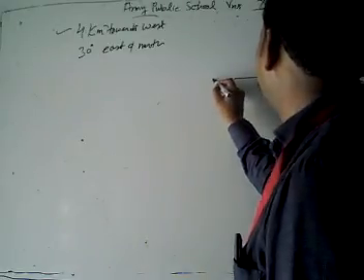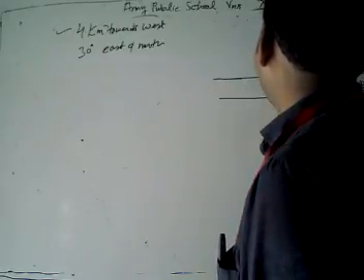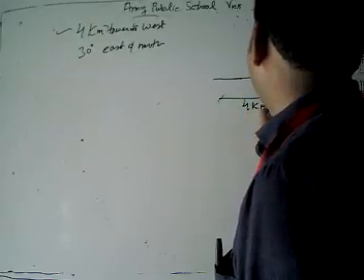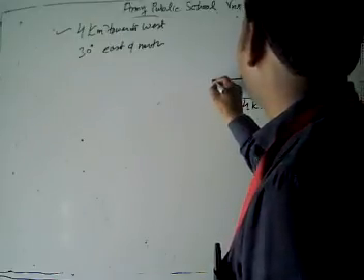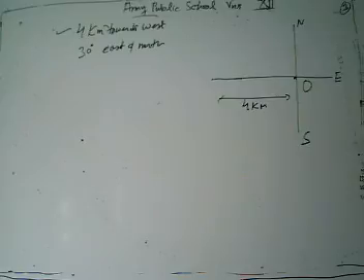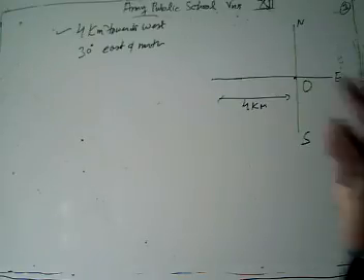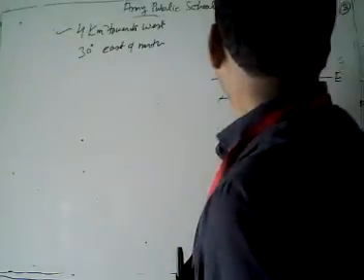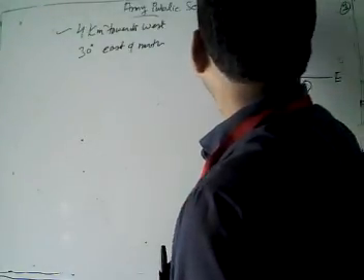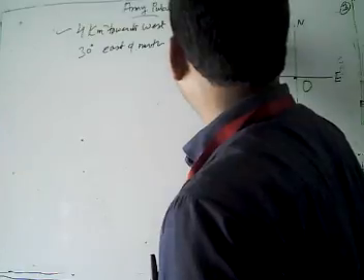This is our 4 kilometers towards west. Then she stops there. After that, she walks 3 kilometers in the direction of 30 degrees east of north. Then we first draw a parallel line, drawing the north.